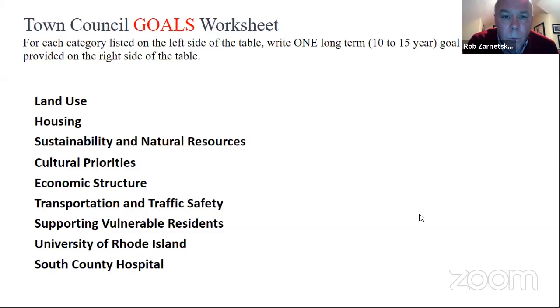So, one of the ideas behind the whole accessory dwelling unit proposal was to find a way to allow people who are living in properties that have appreciated beyond their means to generate income.